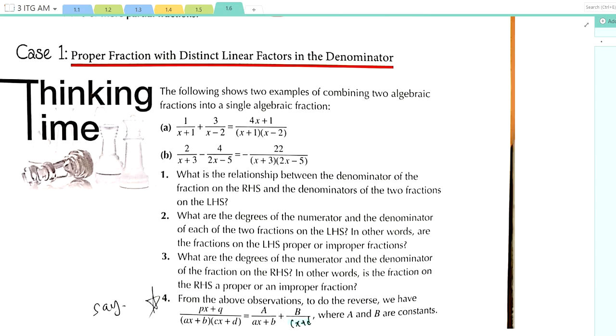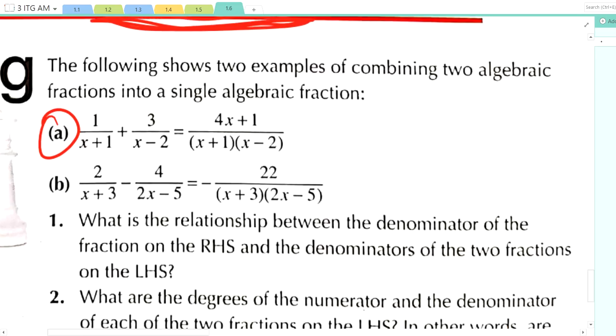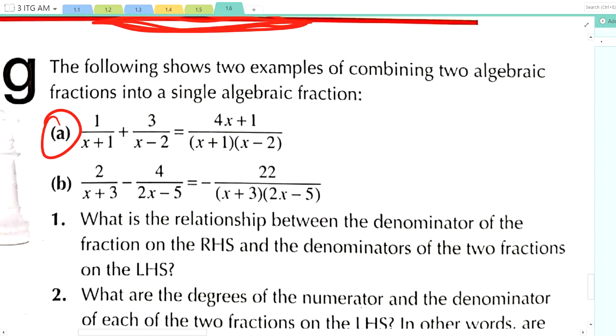Okay, in case 1, we have proper fractions with distinct linear factors in the denominator. So our denominators will be different linear factors. Let's take a look at part A. We are given two fractions, 1 over x plus 1 plus 3 over x minus 2, both of which are linear, and they have linear factors in the denominator, and they are proper fractions.